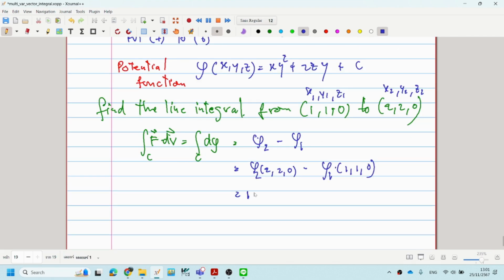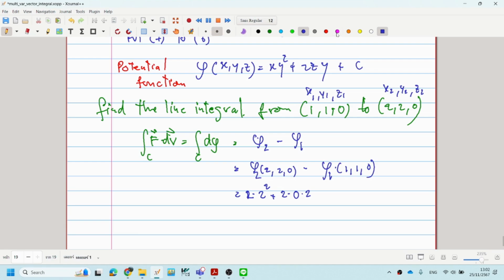So x2 times y2 square plus 2 times 0 times y2.